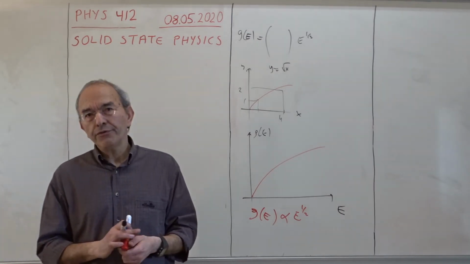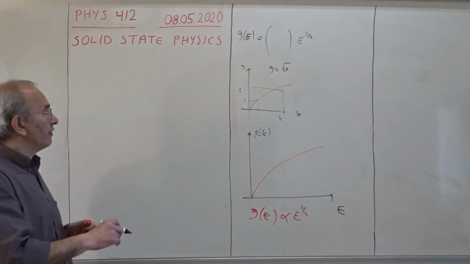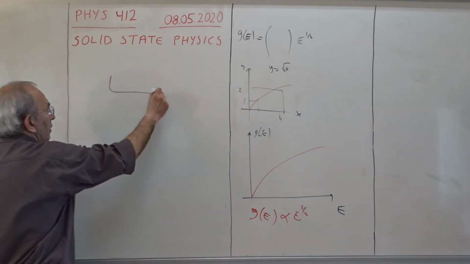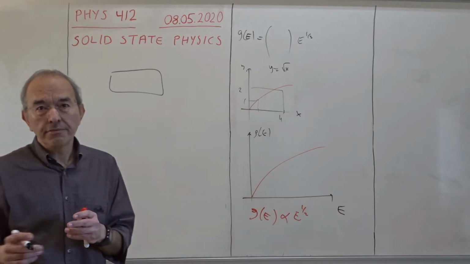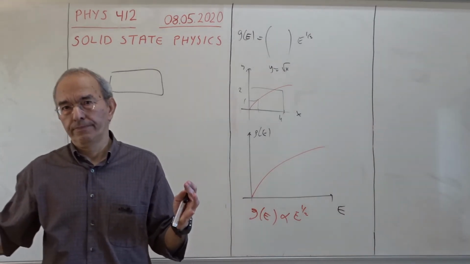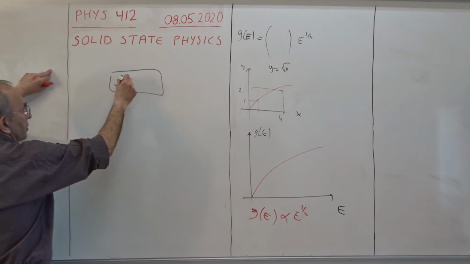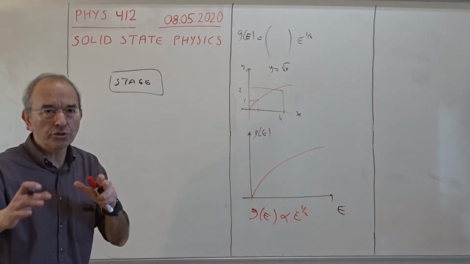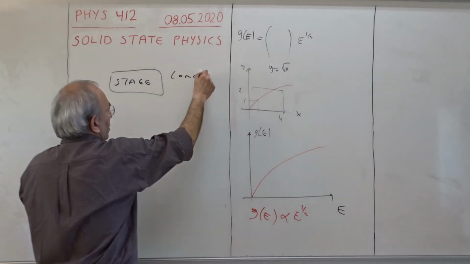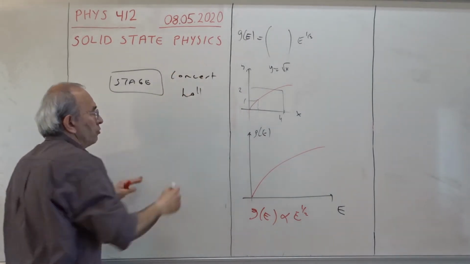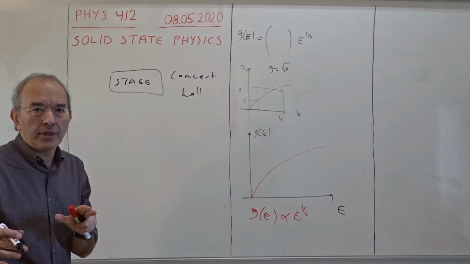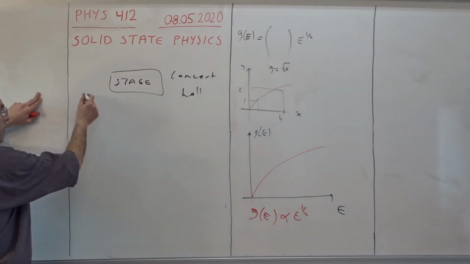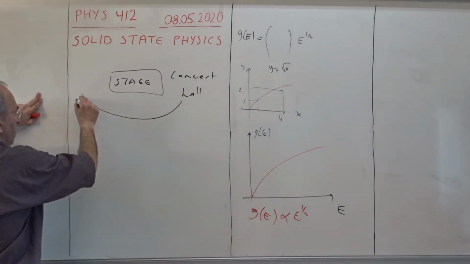For example, let us assume that you are the owner of a large concert hall. Okay, so here is the stage. This is the top view of the seats, concert hall.